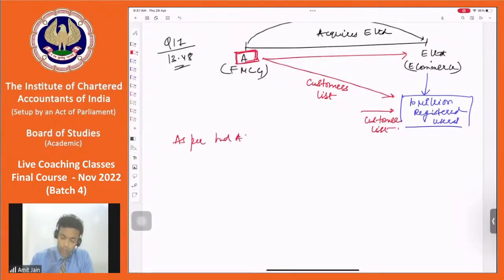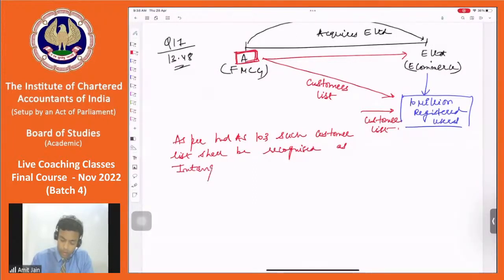So as per Ind AS 103, such customer list shall be recognized as intangibles on acquisition date.